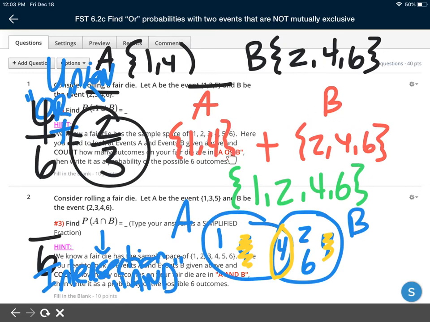Well, you can see it here in the red part. You're going to notice that we have the 4 and the 4. So they have one element in common. Well, if you look at the Venn diagram I drew, we can see that they have the one element in common, which is the 4. So there's only one element in common, so I'm going to write here it's 1 out of 6, and that would be its probability. Hopefully this is helpful on how to approach these two problems.